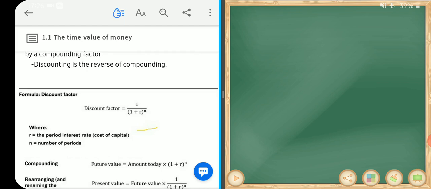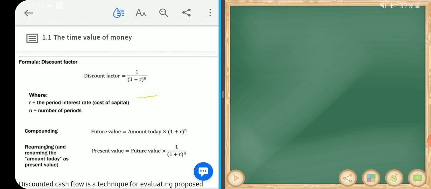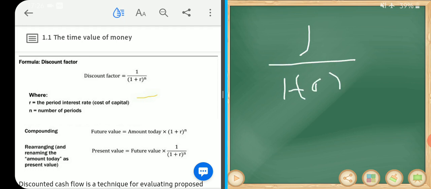So having said that, look at the formula of the discount factor. The formula is 1 over (1 plus r) raised to power n, where r is the interest rate and n is the number of periods, that is, the years.